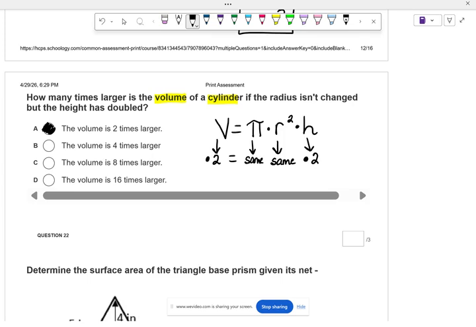Y'all, if they had said the height had gotten multiplied by 5, that means the volume would have also been multiplied by 5. It's just an algebra equation. Whatever you do to one side, you've got to do to the other side as well. Okay, but it wasn't 5. It was doubled. Doubled is times 2.